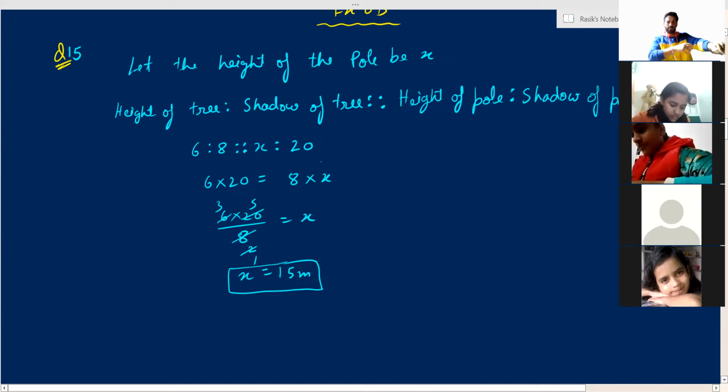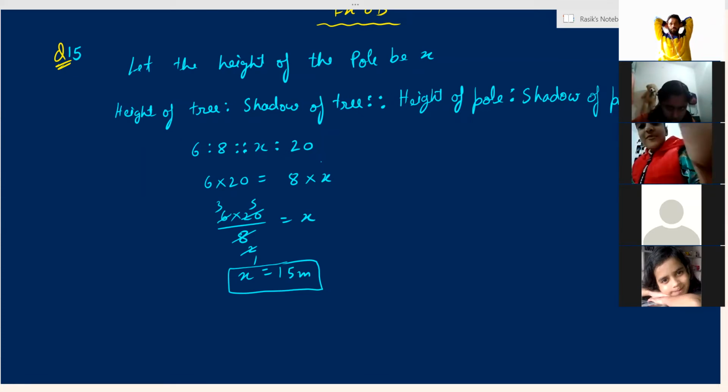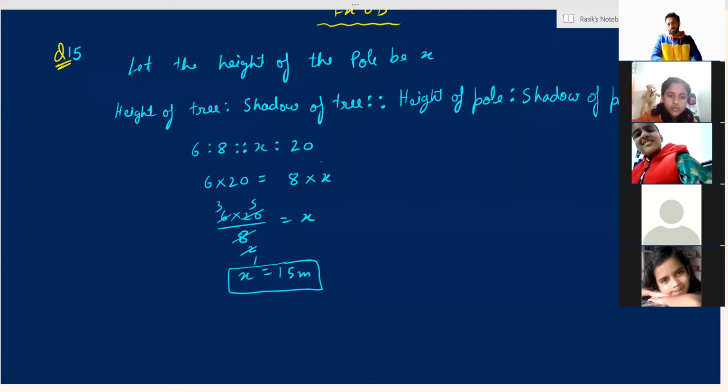Any doubt? No, sir. No syllabus doubt. Not finished, अभी दो chapter बचे हैं. Profit and loss and percentage. Sir, profit and loss is a very easy chapter. Yes, that is easy, but maybe, sir, maybe do percentage.